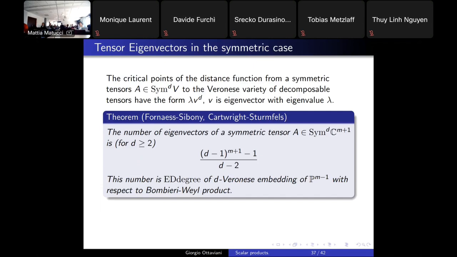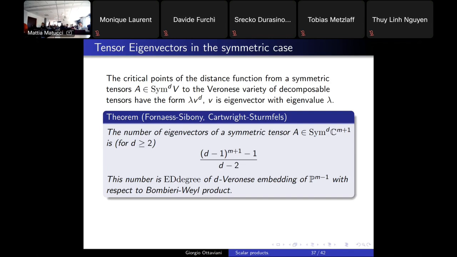And in the symmetric case, you get a simpler formula. This was found first by Fornaess-Sibony and reproved later by Breiding and Sturmfels. You fix a symmetric tensor, which now depends on two numbers: the degree d, homogeneous polynomial of degree d, and n+1 variables.